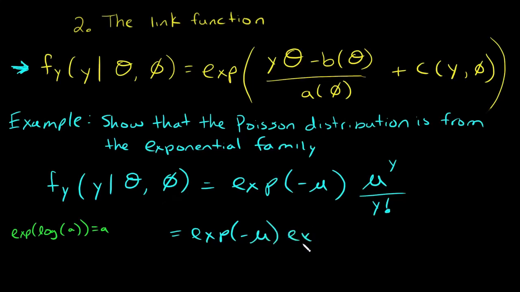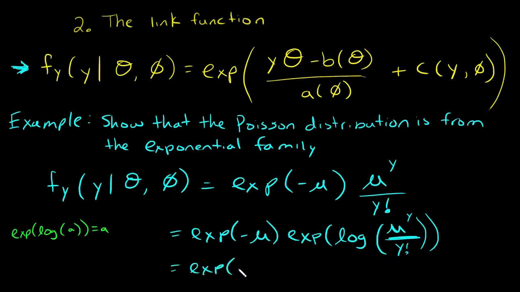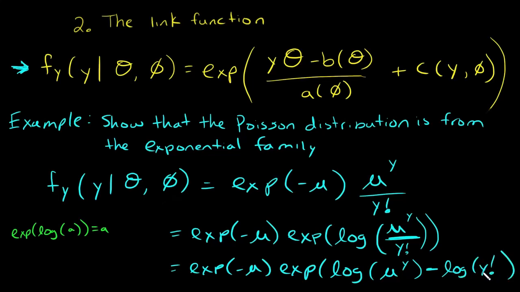Okay, so I'll have e to the log of this stuff here. Mu to the power of y, y factorial. Okay, now I'm going to use my property of log, and I have a division sign there, which is just going to become a minus. Okay, e to the power of log. So I have log of mu to the power of y minus log of y factorial.